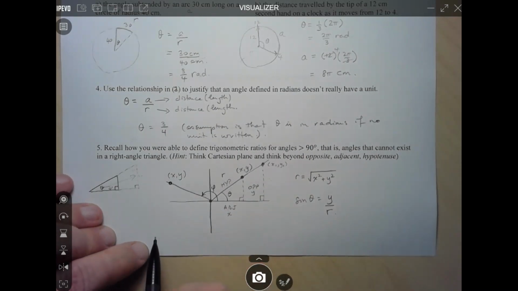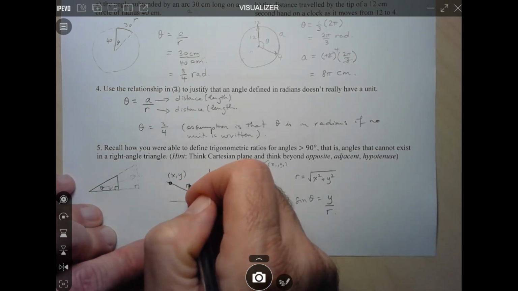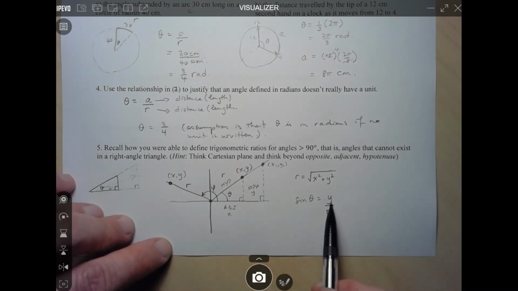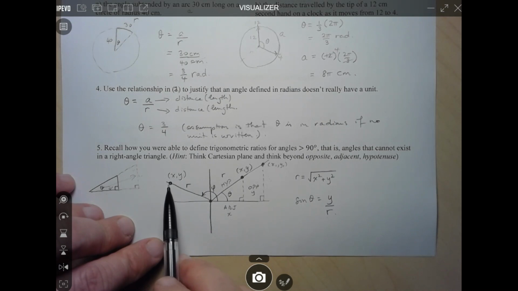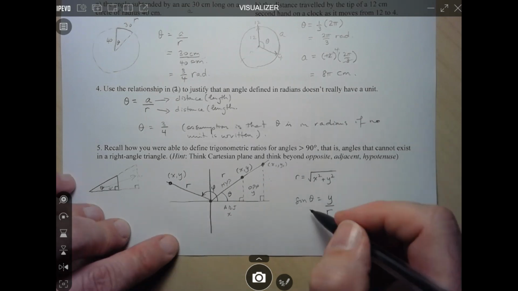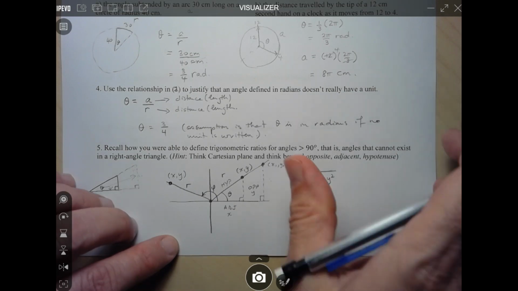And I can do the same thing here, because once I have the point (x, y), even though it happens to be in the second quadrant, I can still determine the distance between these two points, r, and I can now define sine theta as being y over r: the y value of a point on my terminal arm divided by the r value, which is the distance of that point to (0, 0). And of course, you'll see in a little bit that you can define all your trigonometric ratios in this way.